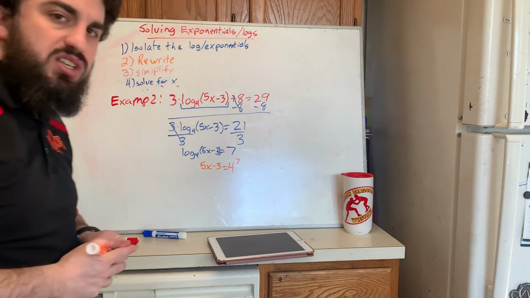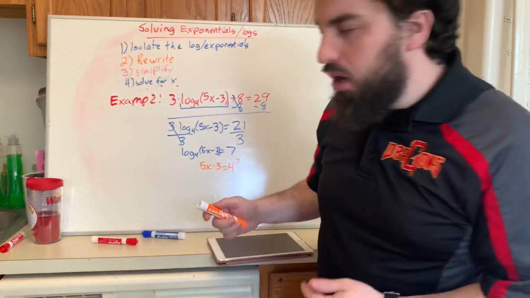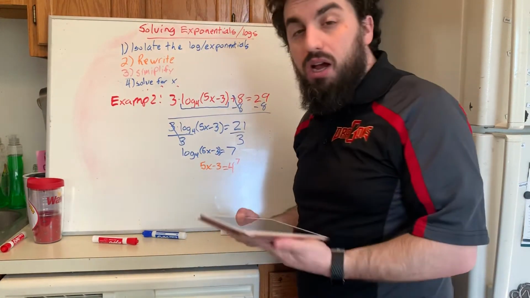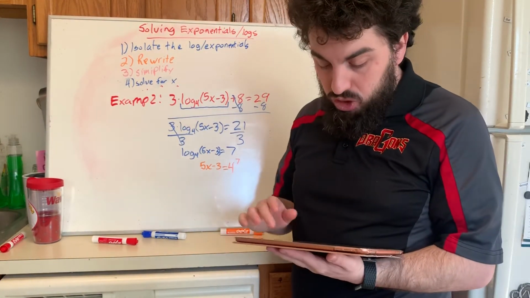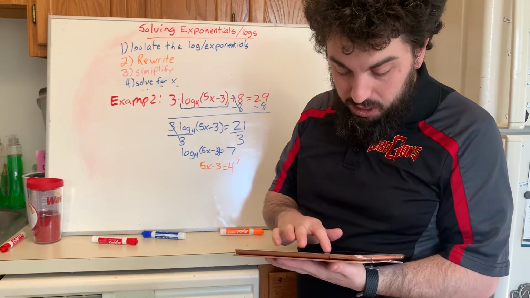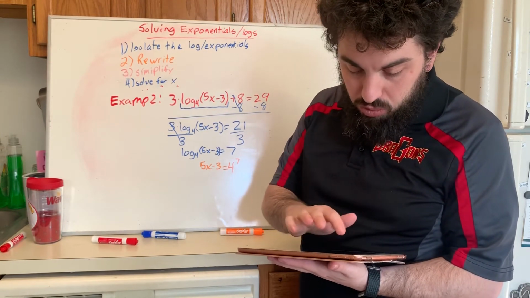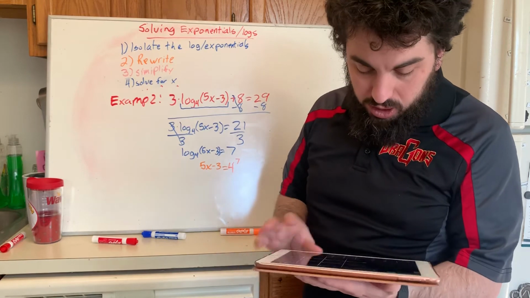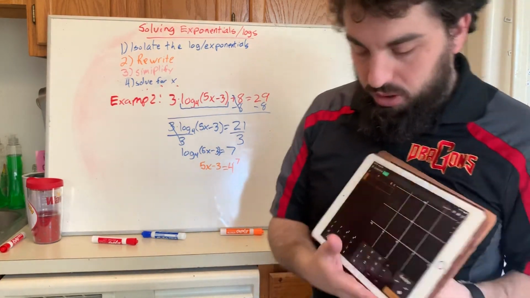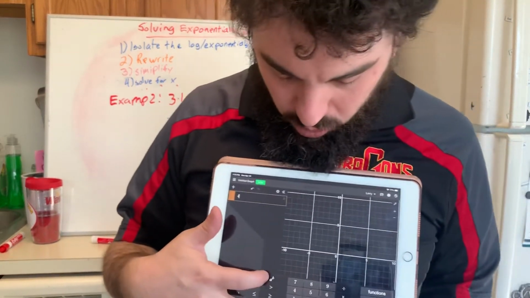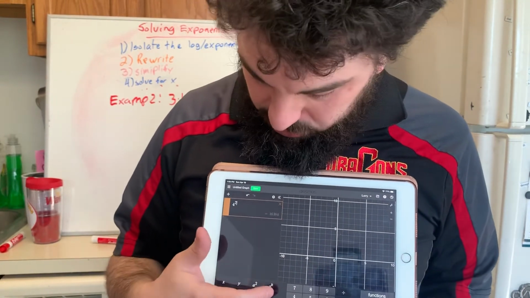Now 4 to the 7th. Powers of 4 you might not recognize super fast off the top of your head. So what I'm going to do is quickly type that into the calculator as 4 to the 7th.